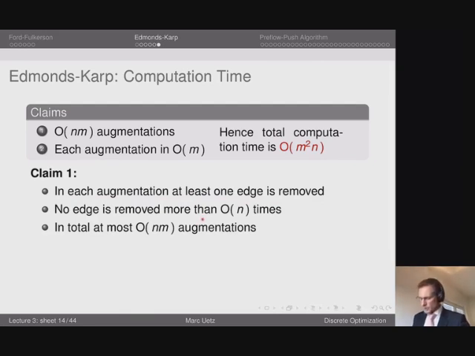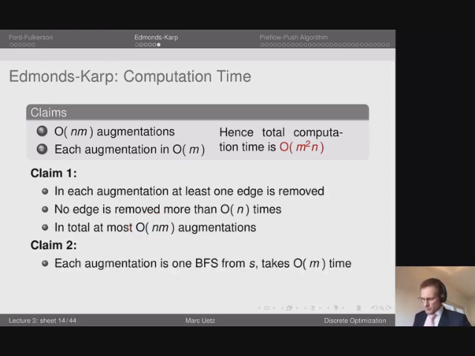Well, at most order n times, that was lemma number 3, and hence the total number of augmentations is upper bounded by the product of the two. So for each of the edges at most order n times, that gives me order n times m augmentations at most. And claim number 2, we already argued each augmentation is a breadth first search from the source vertex, which takes linear time. So we really obtain a truly polynomial computation time for Edmonds and Karp's algorithm.